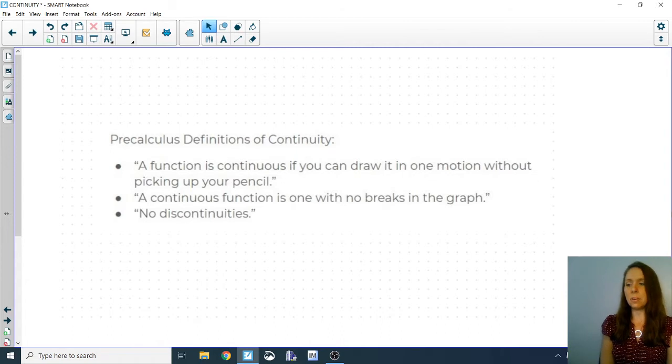I never really felt great about that one. A continuous function is one with no breaks in the graph. Again, I don't feel like that tells you a whole lot. And my favorite one: no discontinuities.